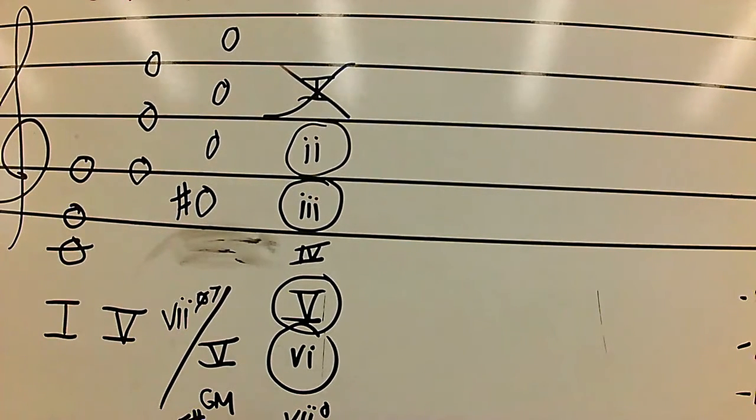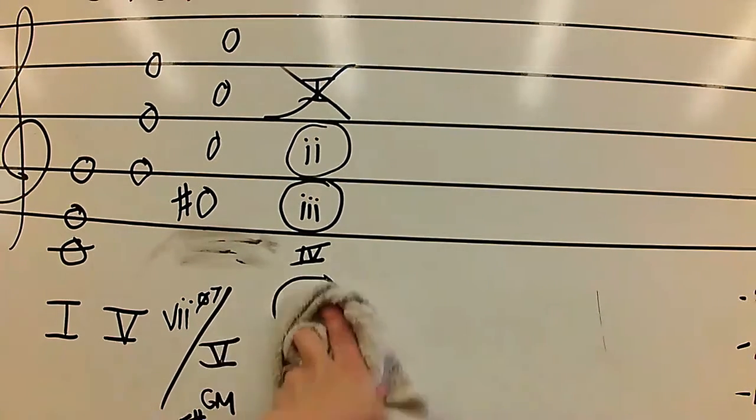So without any attention to good voice leading practices, here's the C major chord, here's the G major chord, and here's the F sharp half diminished chord. See how it feels like it wants to resolve to that, but that's our ultimate home base, so we would go somewhere else after that.